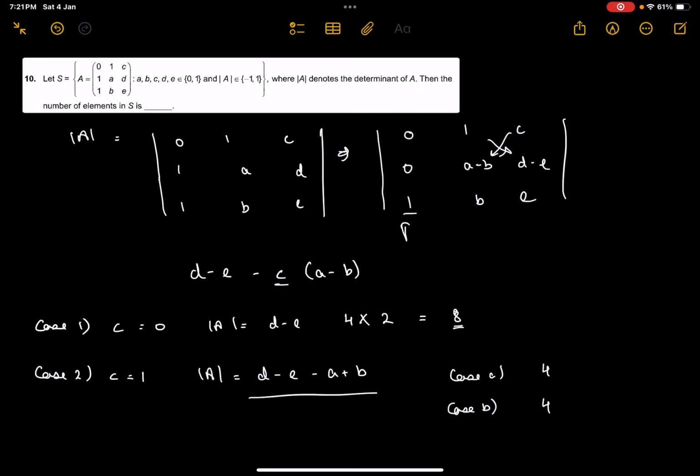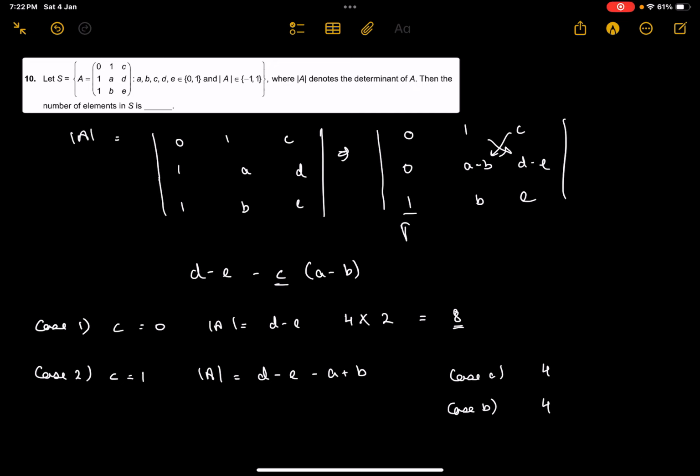Notice that these are not the only possible cases when this is plus 1 or minus 1, because 1 minus 1 minus 0 plus 0 would be 0. So if 2 of them are 0 and 2 of them are 1, then this sum would be 0, or depending on which of them are 1, it would be either 0 or plus 2 or minus 2.